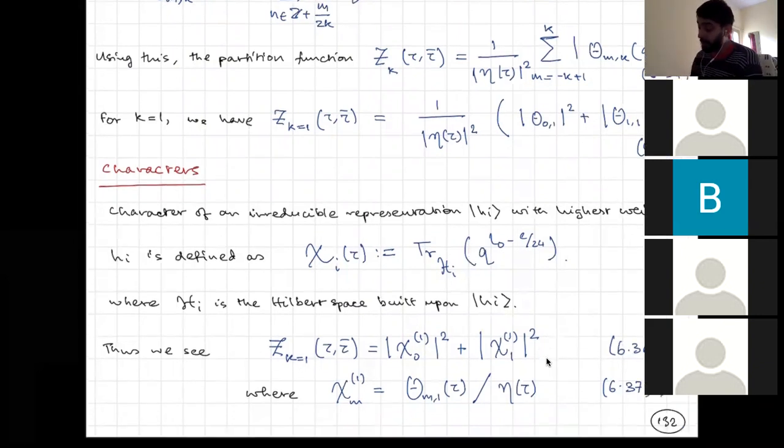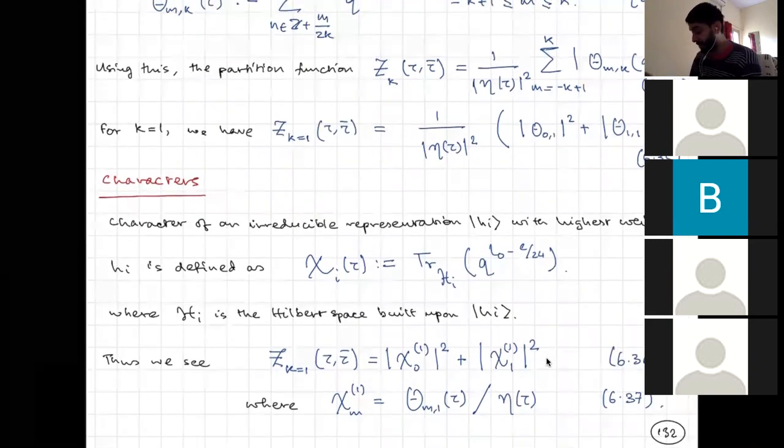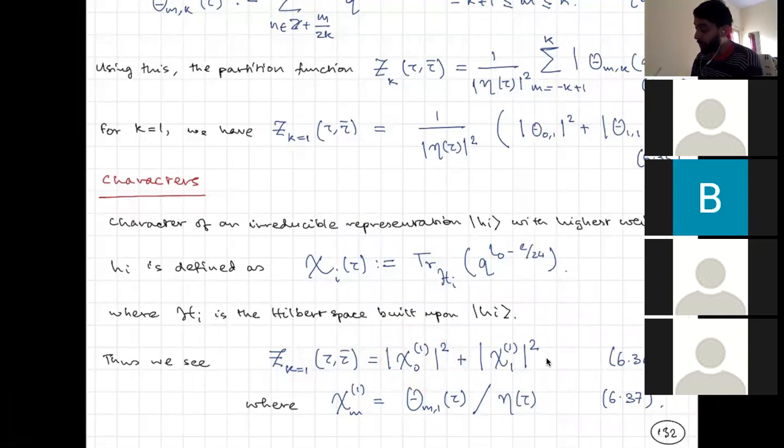So for example, we can straightforwardly see that for k equal to 1, the thing that I wrote down for you here is going to be the sum of these two, chi 1 naught and chi 1 1, where these guys are given by these theta functions over the eta functions.